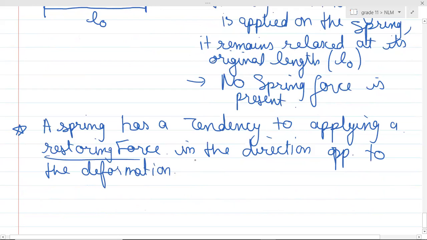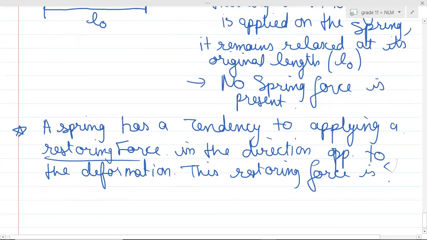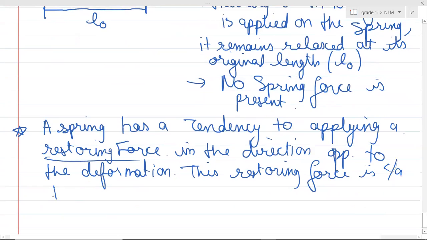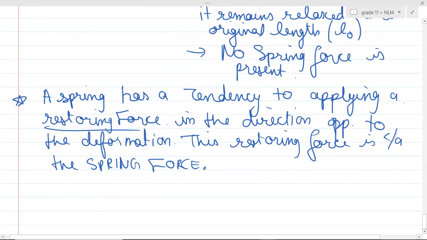This restoring force only is called as the spring force. Is this clear, guys? So this restoring force has a name.